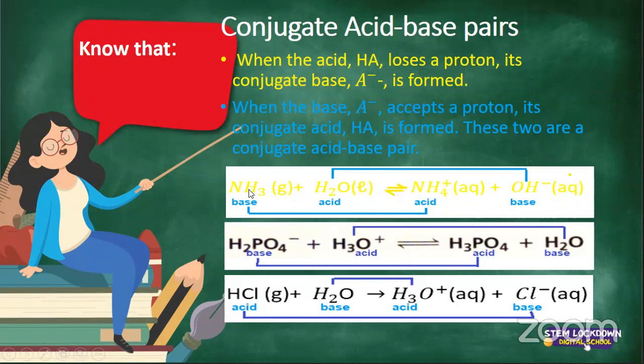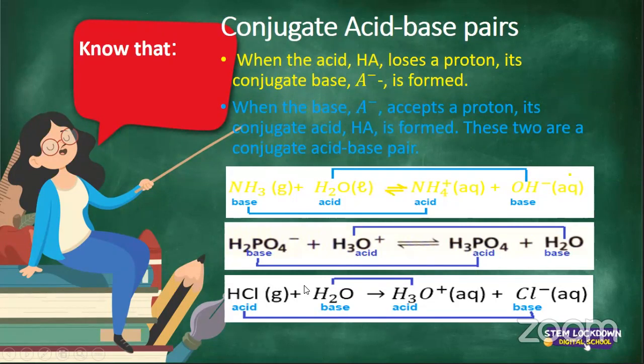So ammonia has accepted a proton, and when it accepts a proton, it forms its conjugate acid. Now let's look at water. Water here is acting as an acid. It loses a proton and forms OH minus, which is a base. So this is acting as an acid here.